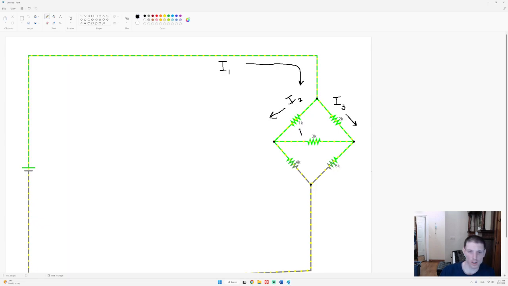I'm going to say I4 goes this way, and call this I5 down here, the 4K resistor. Call this I6. And then of course we have I1 again back out.